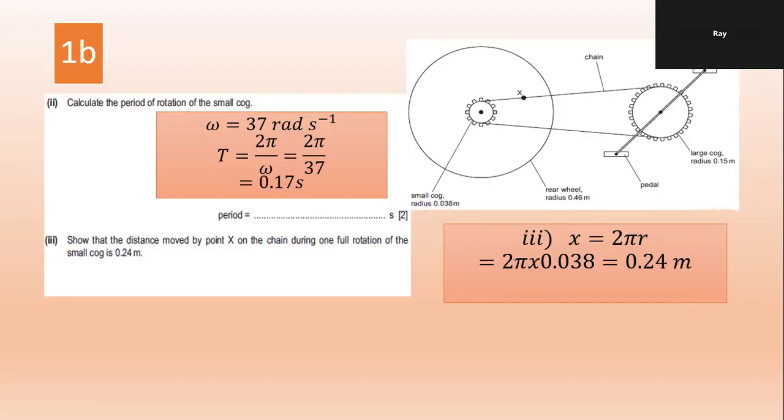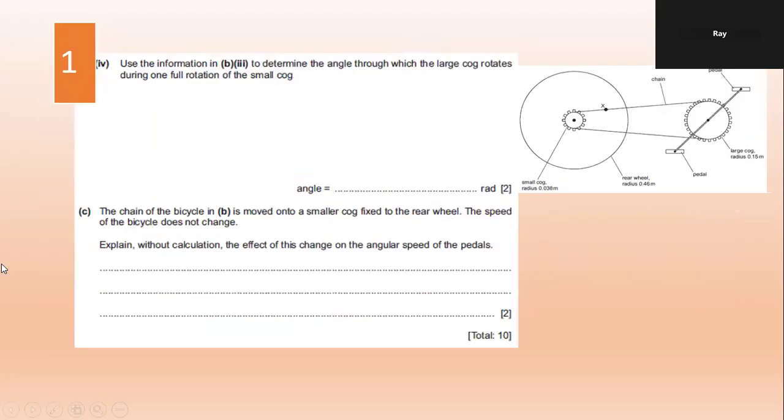Okay. Use your information in part B part 3 to determine the angle through which the large clock rotates during one full rotation of the small clock. More mathematical, this one. Right?